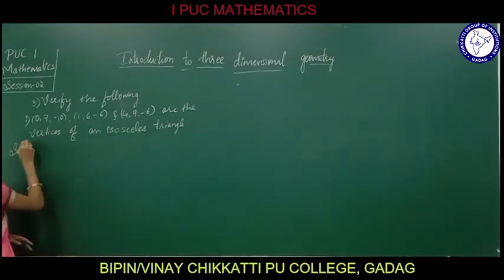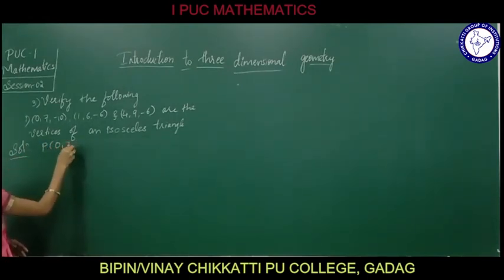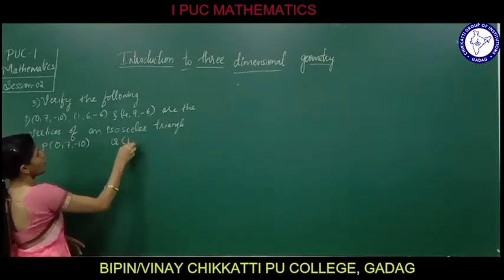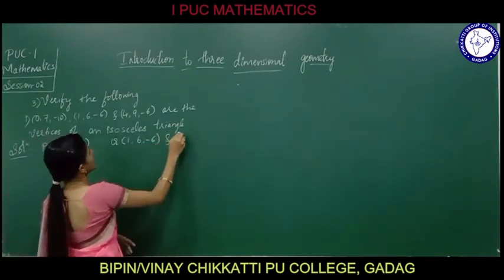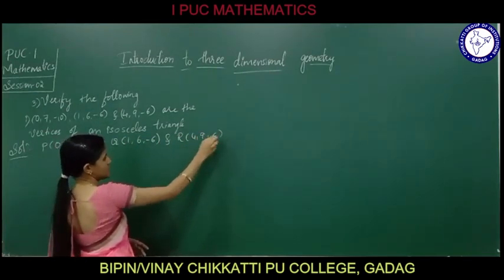What they have given? They have given the vertices. Let us name them as P(0, 7, -10), then Q(1, 6, -6), and let us call that R(4, 9, -6).